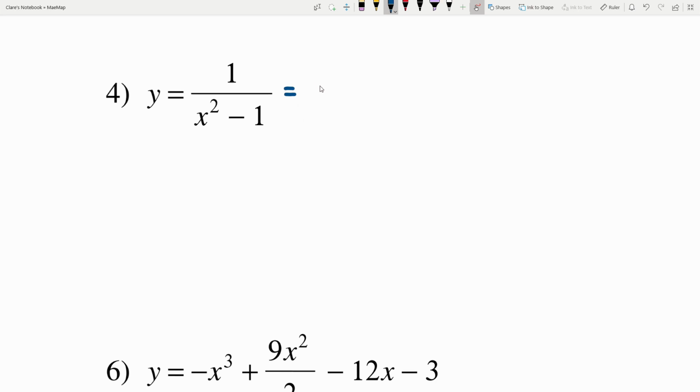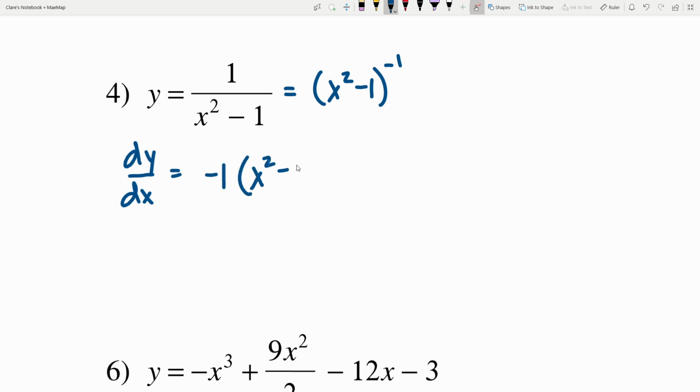I prefer doing the chain rule, so I'm going to rewrite this as x squared minus 1 to the negative first. So taking the derivative of that, dy/dx is going to be equal to -1 times x squared minus 1 to the, we drop that exponent by 1, so -1 minus 1 is -2, and then chain rule.